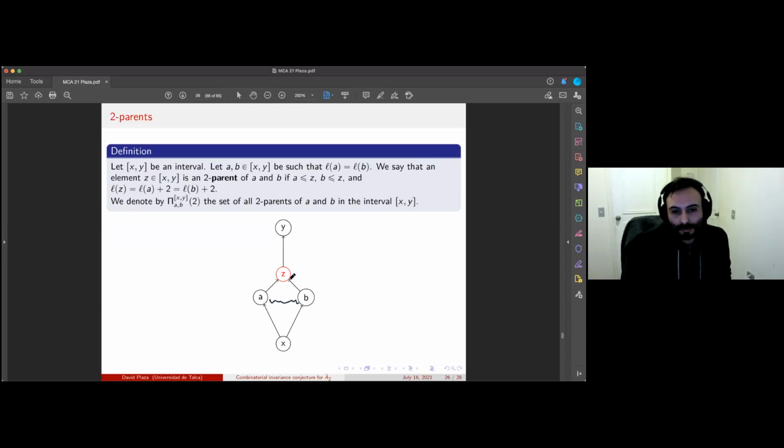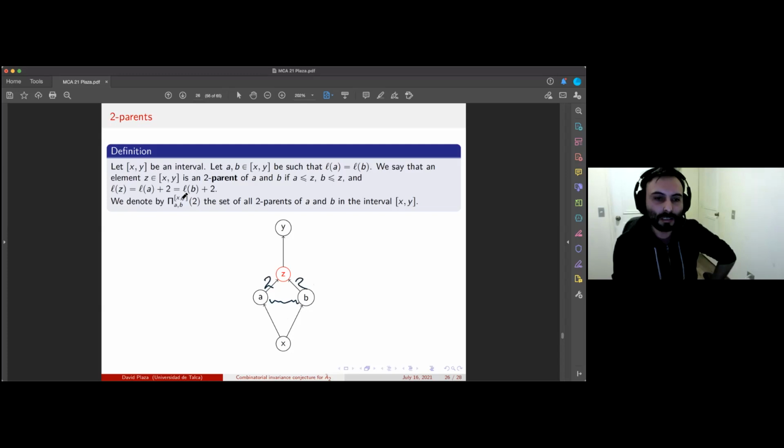An element z is called a two-parent of a and b in the interval [x,y] if z belongs to the interval [x,y], is greater than a, is greater than b, and the difference of length between z and a is equal to 2, and the same for the difference of length between z and b.